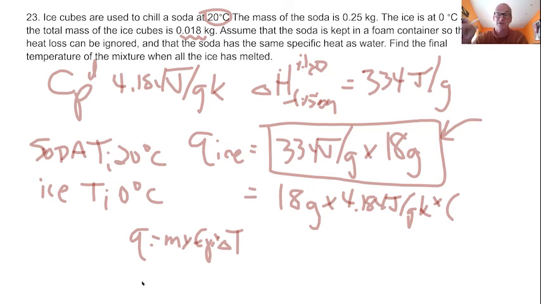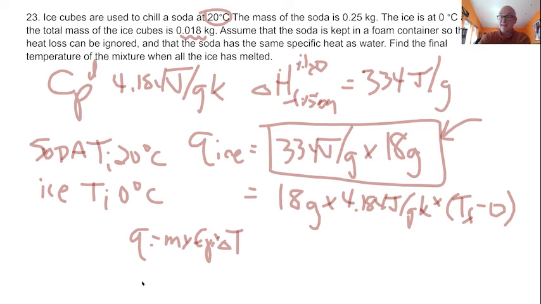We know what temperature it started at, but we don't know what the final temperature is. That's the question. So the change in temperature is going to be whatever the final temperature is minus 0. We know it's positive. It goes from 0 to some temperature, but we don't know what it is.